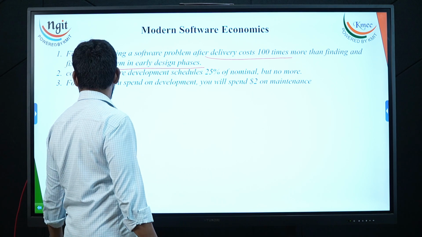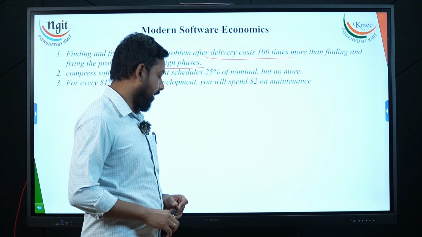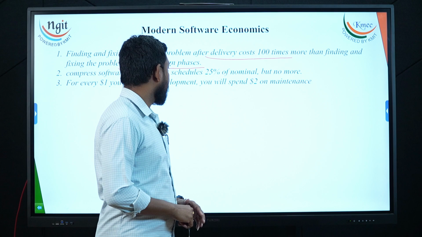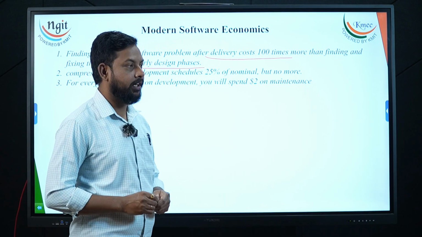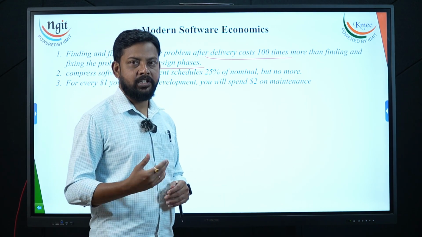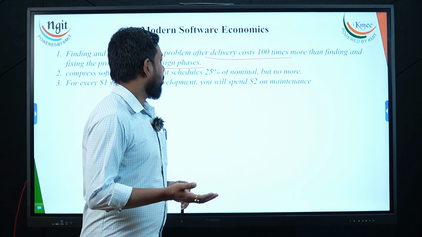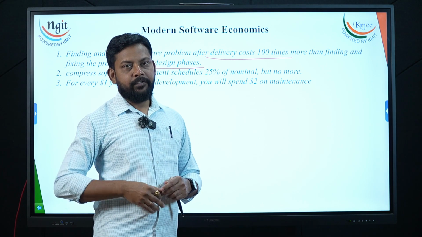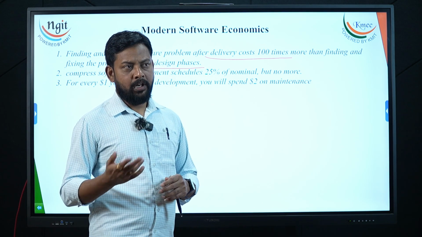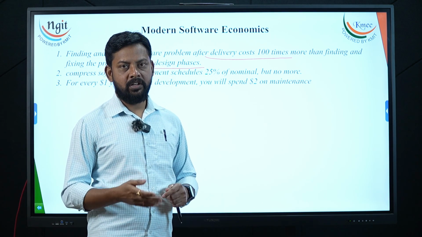So third, for every 1 rupee you spend, you are spending around $2 on your maintenance. Once your project is developed and deployed at the user's end, right? Before deployment, for the development, only around $1 or 1 rupee is vested in it.